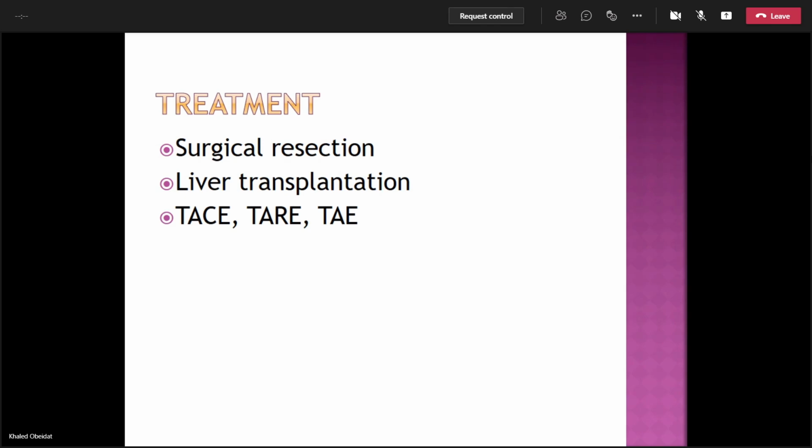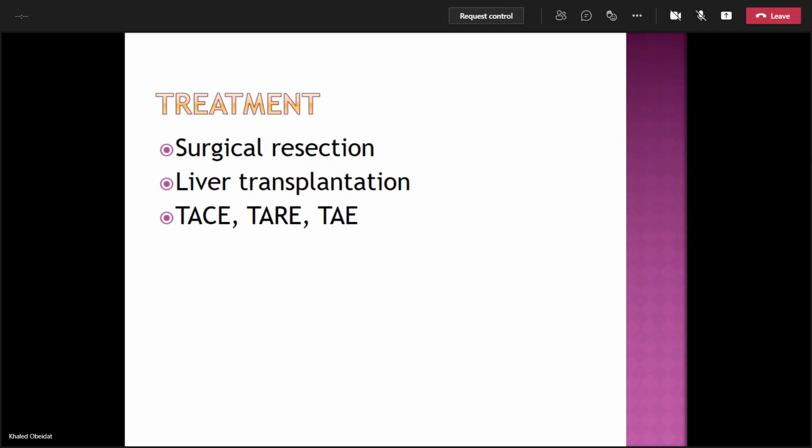Most of the countries in Europe and the United States follow what we call the Milan criteria for these tumors. The tumor should be, if single, not more than 5 centimeters, or if multiple, not more than 3 lesions, and none of these 3 lesions should be more than 3 centimeters. There should be no extrahepatic disease, and on imaging there should be no gross vascular invasion.